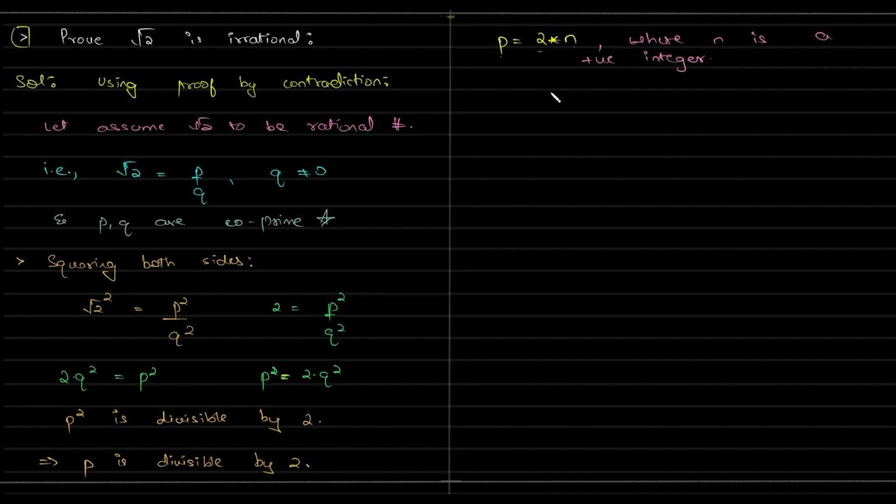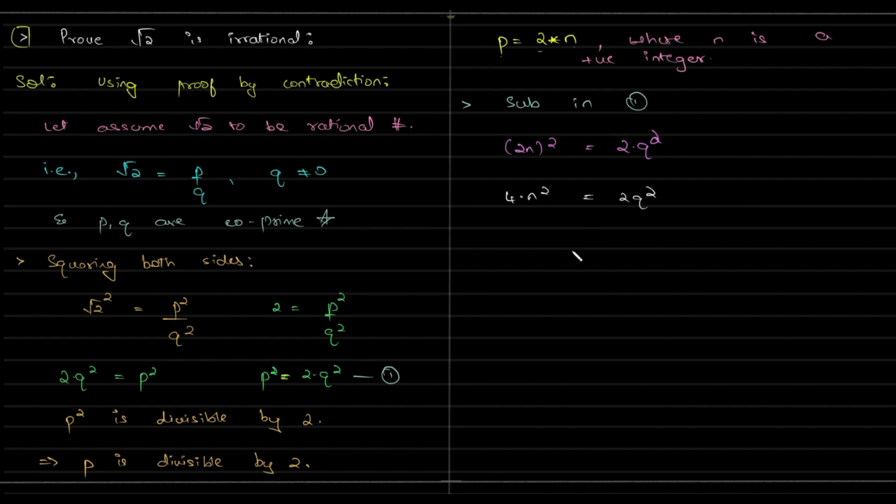Okay, so now I will call this equation 1. So in the next step, I'm going to substitute in 1. In place of p, I'm going to write 2n the whole square is equal to 2 into q square. So 2n the whole square is 4 into n square is equal to 2 into q square.